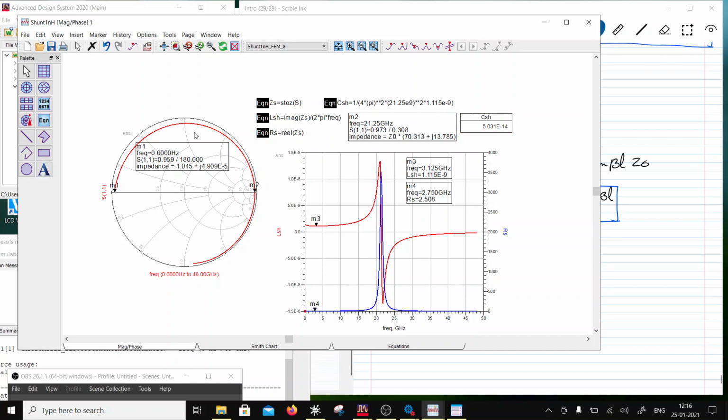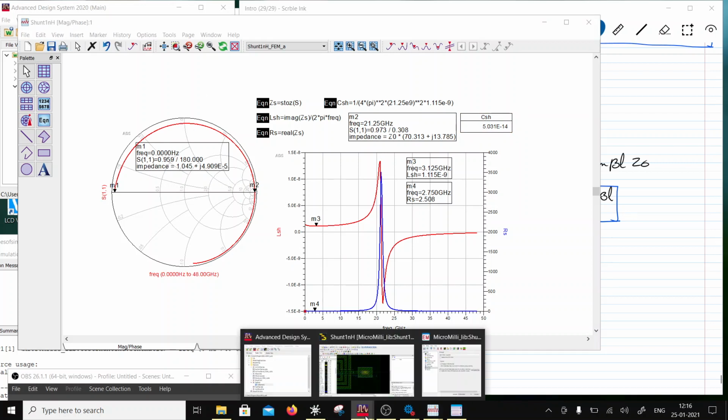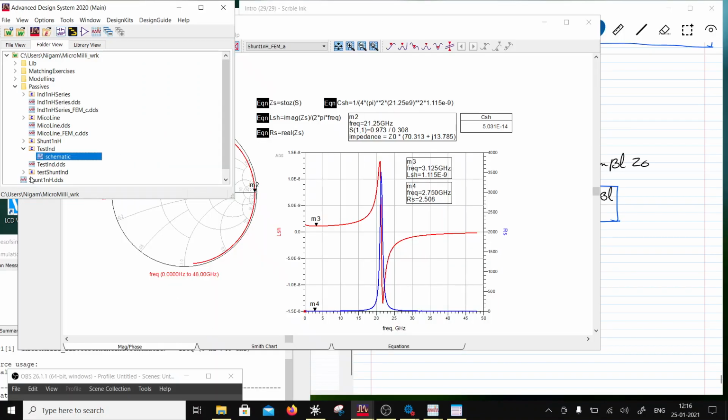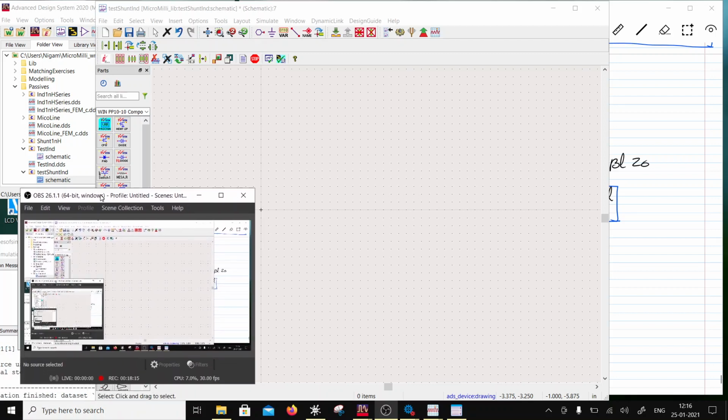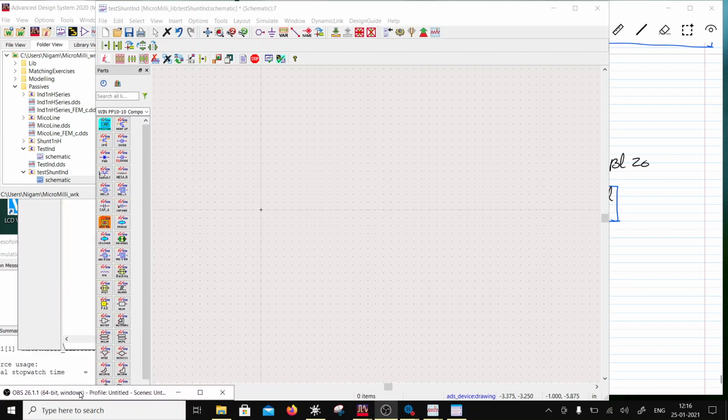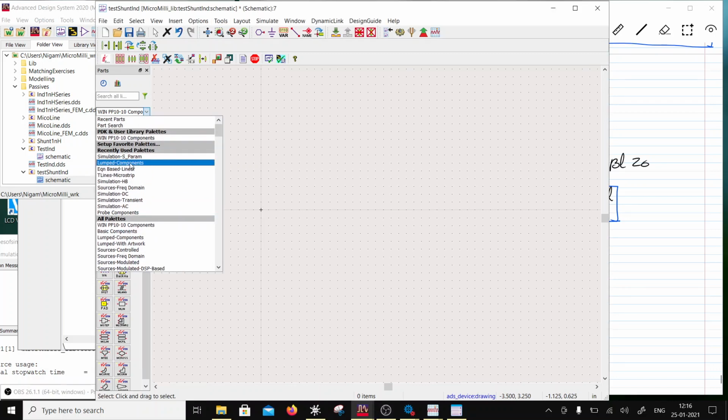Now I'm going to very quickly put together a model and try to see if that model works. I'll go here to create a test shunt inductor as another schematic, and here I'll start putting the model.